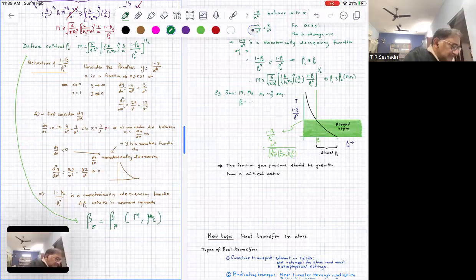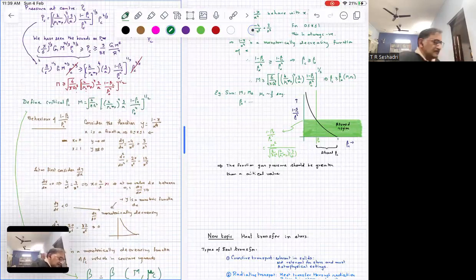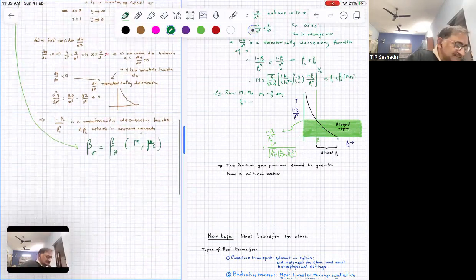Because all the other things which are involved here are just fundamental constants: 6, pi, G, k, m_p, 3 by a, and 1. So it depends only on mass and the mean molecular weight at the center.